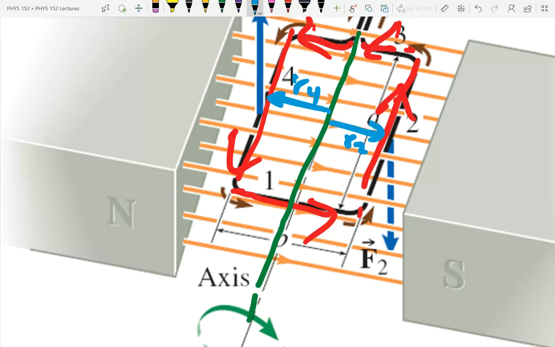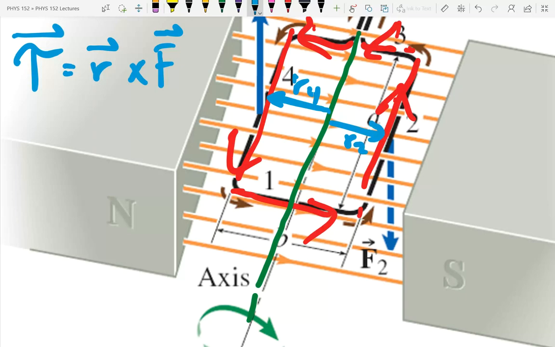For 2, using the right-hand rule, which finger or which variable is my index finger going to point to for torque is equal to radius cross force? Which one's my index finger, folks?